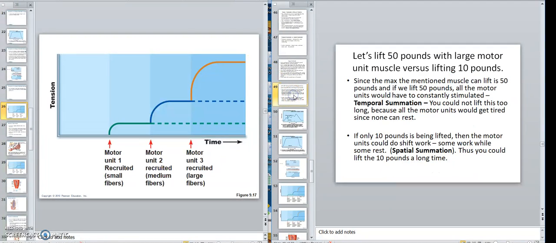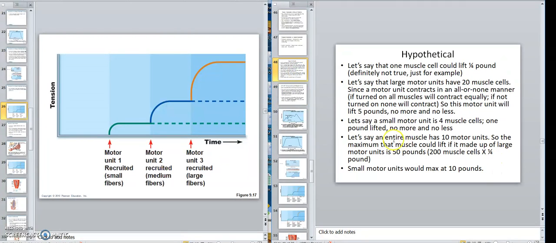Let's go back to my example. That means the entire muscle has 10 motor units. So if you recruited all 10, you could lift 50 pounds using my hypothetical situation. If you only had one motor unit, and each motor unit has 20 muscles, then you would have had what?